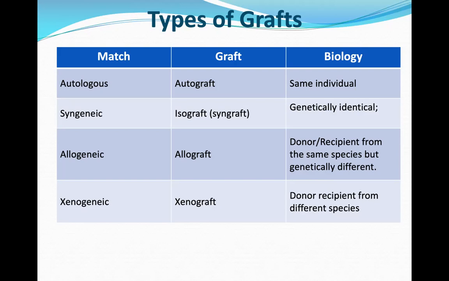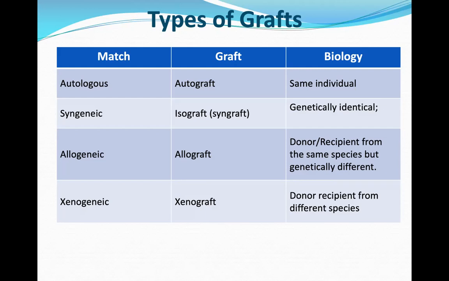Then the other type of successful graft is what's known as the syngeneic graft, and this is where you get a graft from a relative who is very genetically related to you.